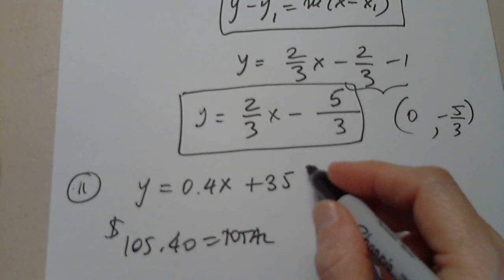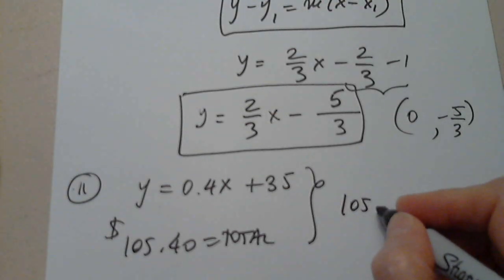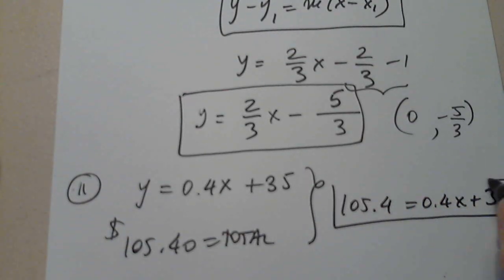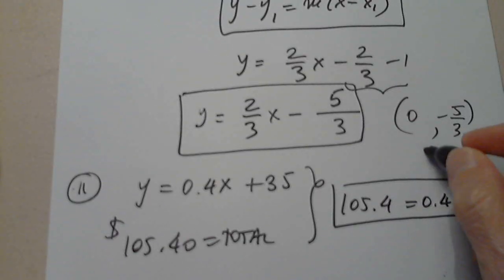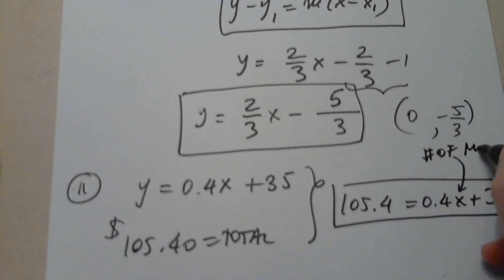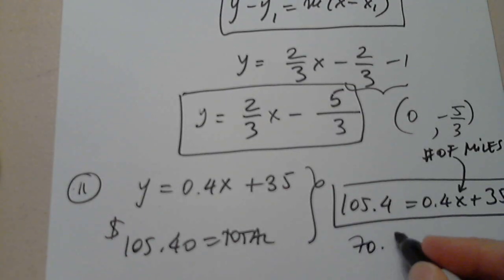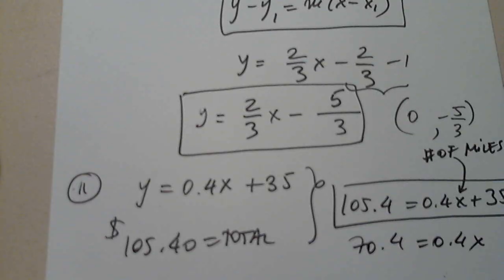Yes. So what you are saying is 105.4 equals 0.4x plus 35. This is the equation we have to solve for x because x is the number of miles. Yes, we have to subtract 35 first. So we have 70.4 equals 0.4x.